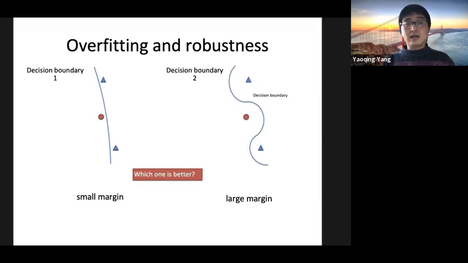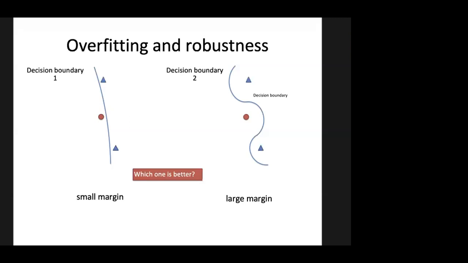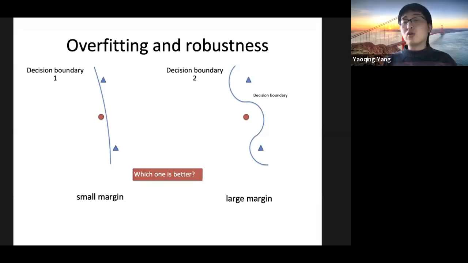Let's say we only consider 3 samples in a 2-dimensional input space. In this case, the right one will have a larger margin. But of course, if we have a larger sample size, then we have to define a better way to measure this margin instead of just doing some visualization.